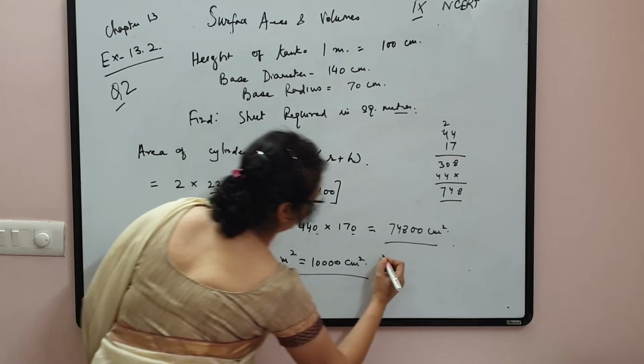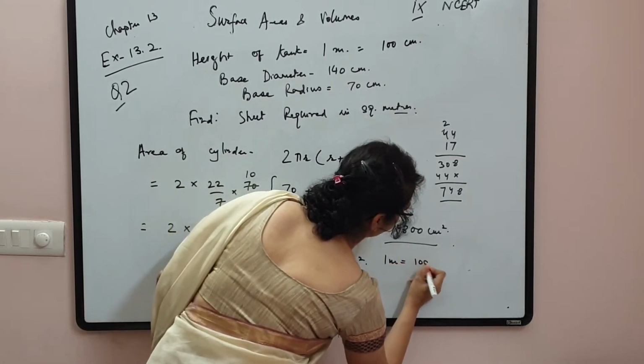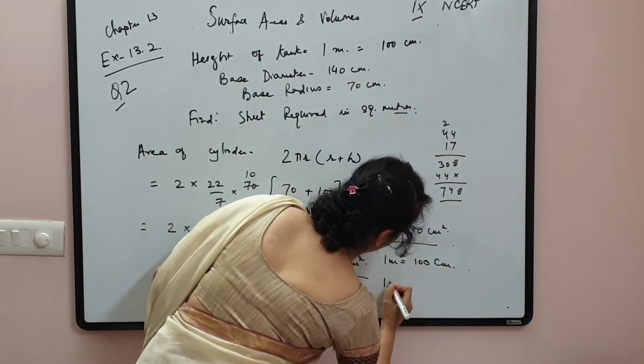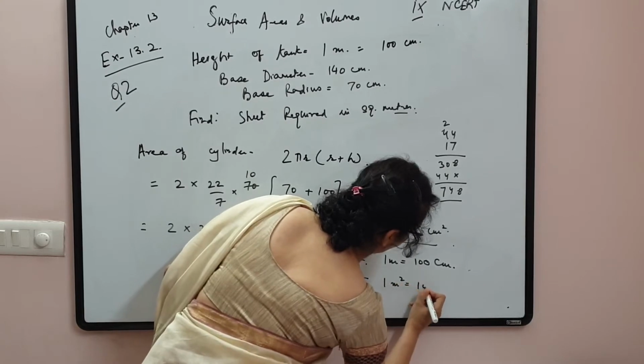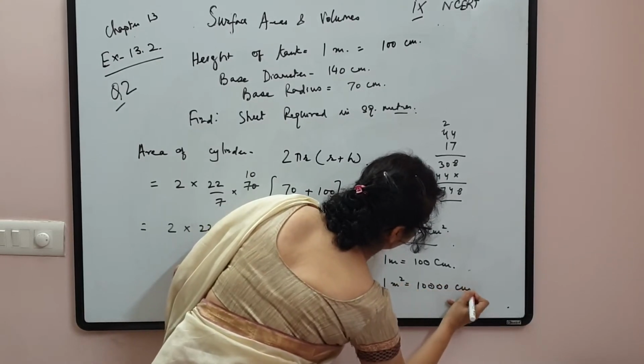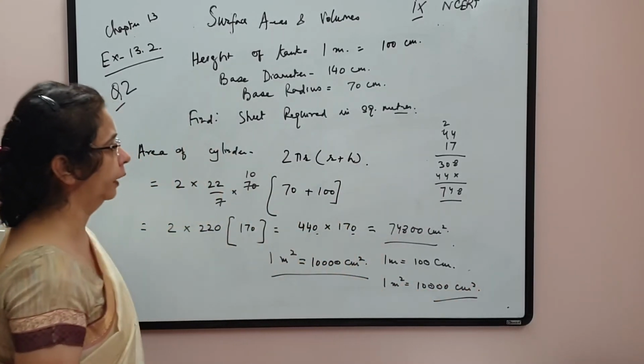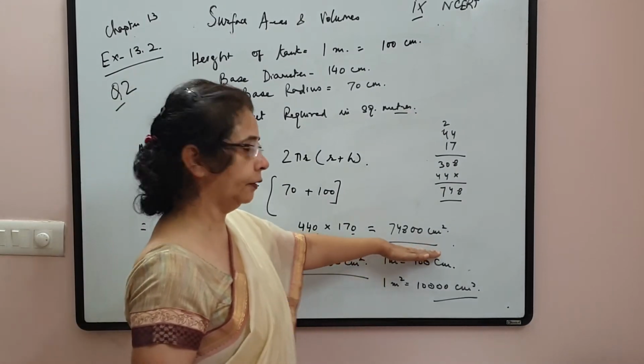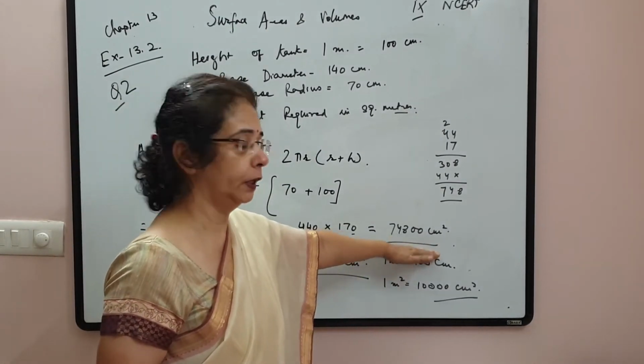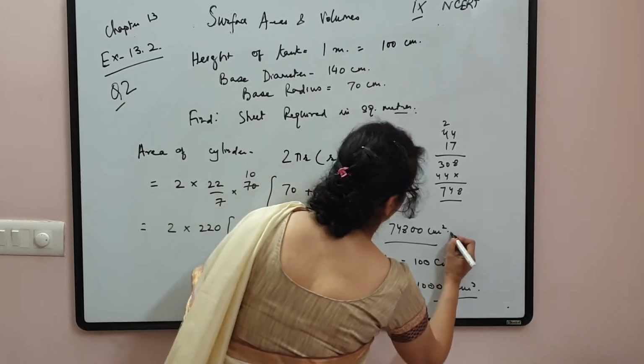Remember that. 1 meter is equal to 100 centimeters, but 1 meter square is equal to 10,000 centimeter square. So when you convert centimeter square into meter square, you have to divide by 10,000.